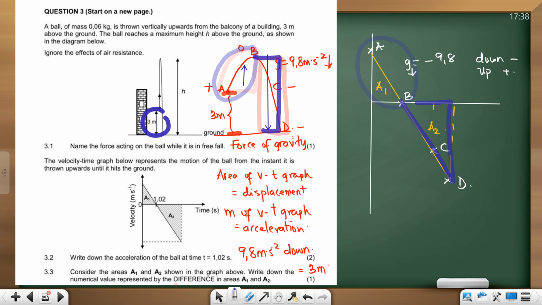Let me know if that interpretation makes sense to you. That would have been very difficult if we don't understand the story and the theory of graphs. All right, 3 meters. Next question.